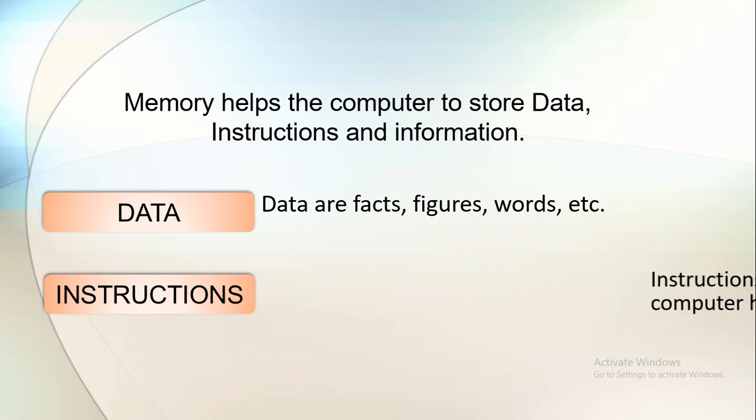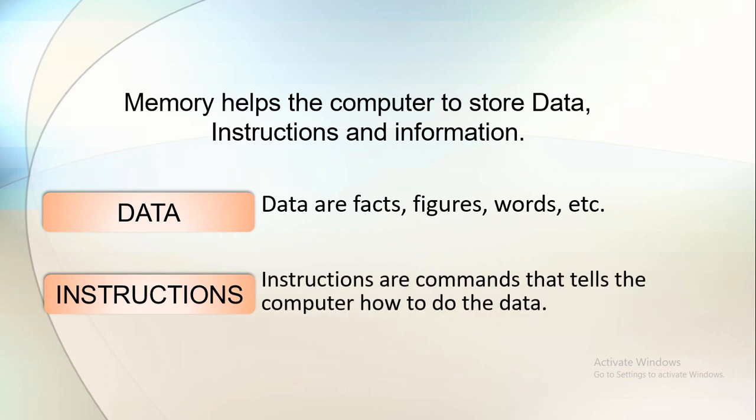Instructions. Instructions are the commands that tell the computer what to do with the data. Like I have given an input of 10 plus 20. So I am providing the instruction to the computer to do the addition of 10 and 20. So it will display the output as 30 by doing the addition. Means it is taking the instruction and giving us the information.